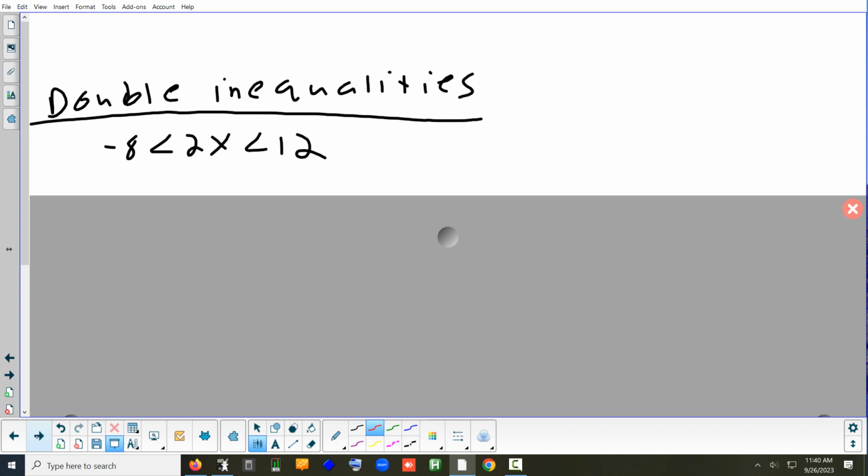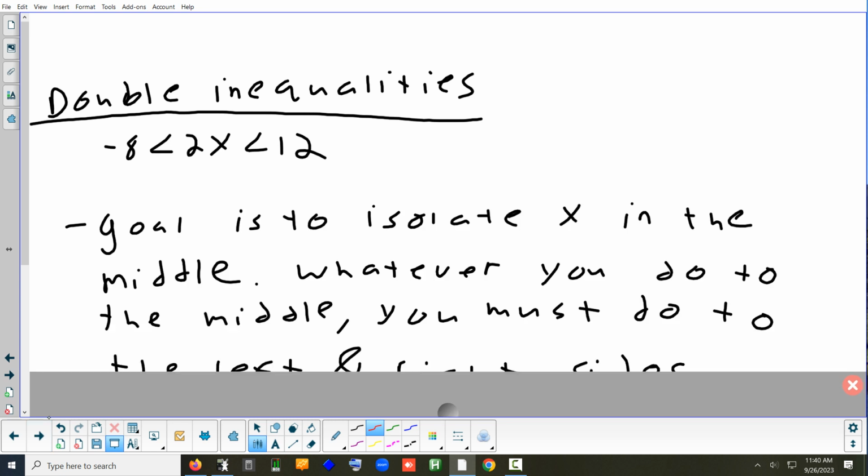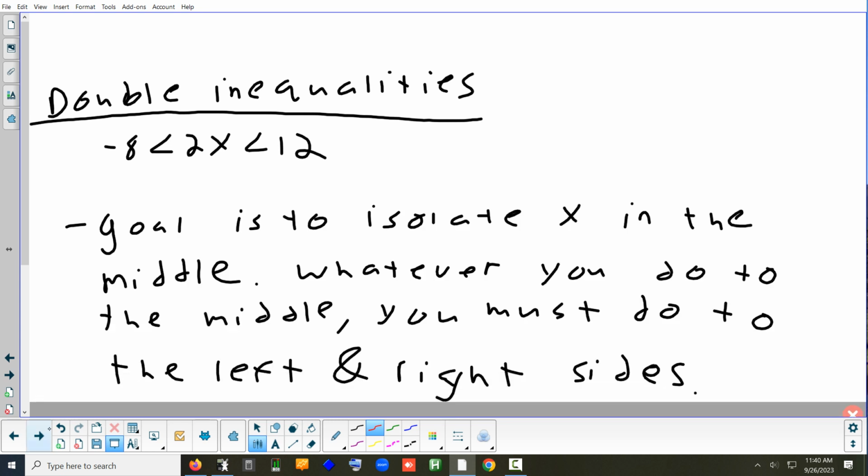Okay, so a compound, or like a double inequality. There's two ways to solve this kind of problem. One is to try to get the x alone in the middle. If you're going to solve it that way, then whatever you do to the middle, you have to do on the left and on the right.